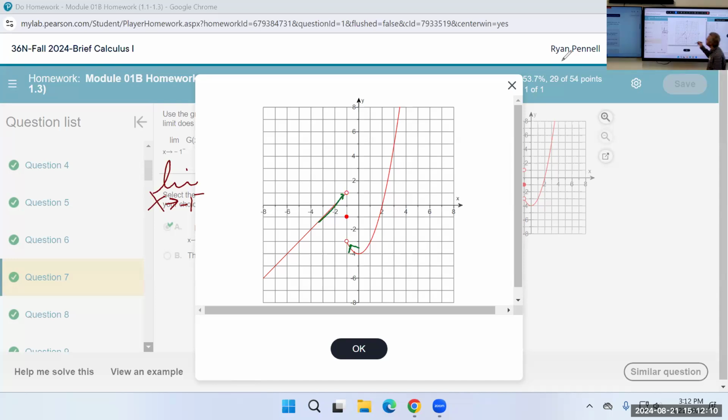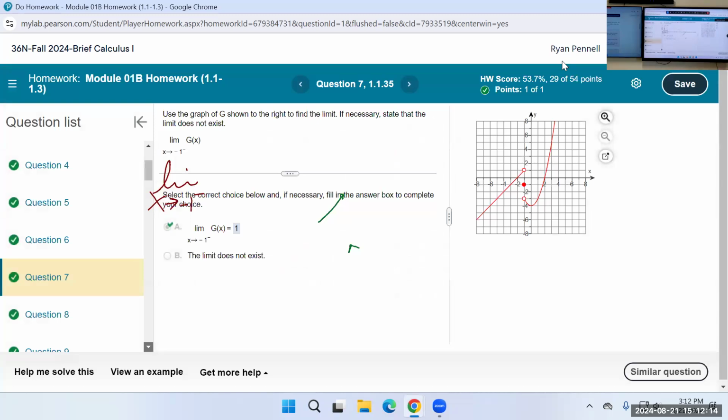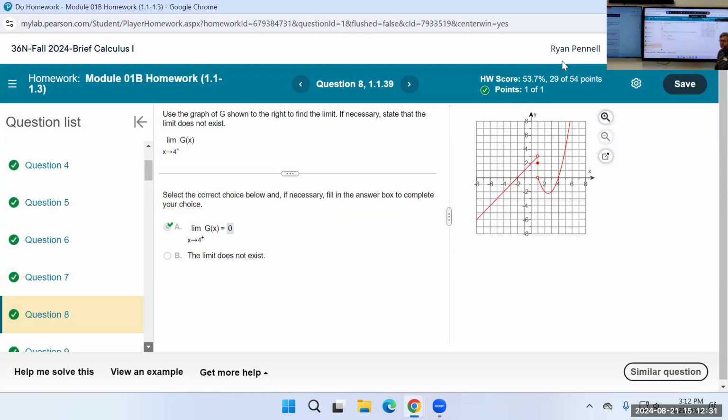That's confusing. Right? So I can still say the limit as x approaches -1 from the left is 1, even though the limit doesn't exist. This is where calculus gets its reputation of being confusing.